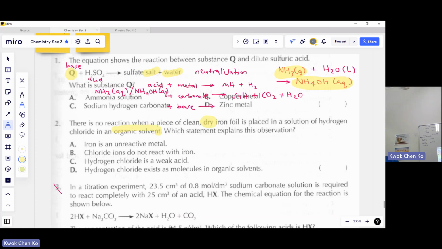Organic solvent. Meaning there's no water at all. So in other words, no water means no acid. So yes, the answer is D.